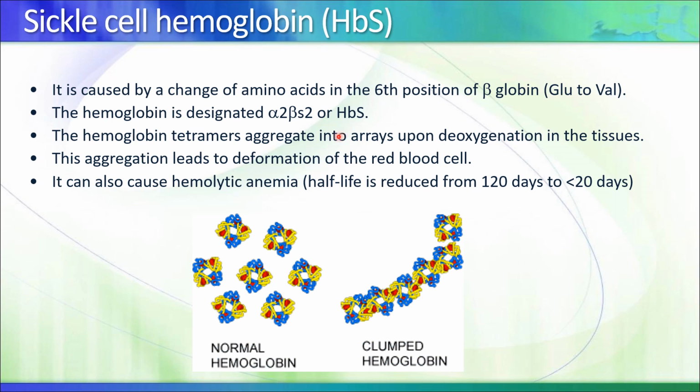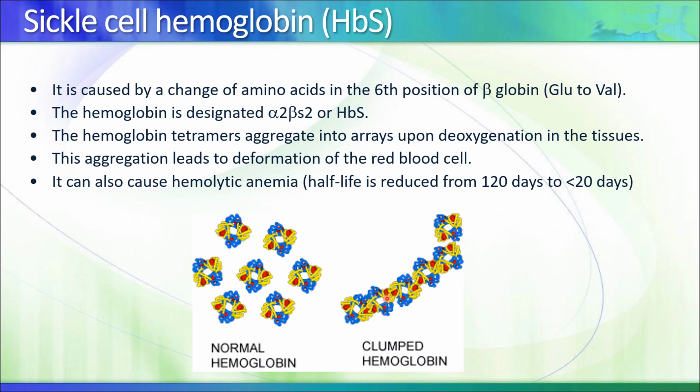So what happens here? This is what a group of hemoglobin molecules look like: single molecules separated from each other and independent from each other. Now what happens in HbS is that hemoglobin molecules clump together.